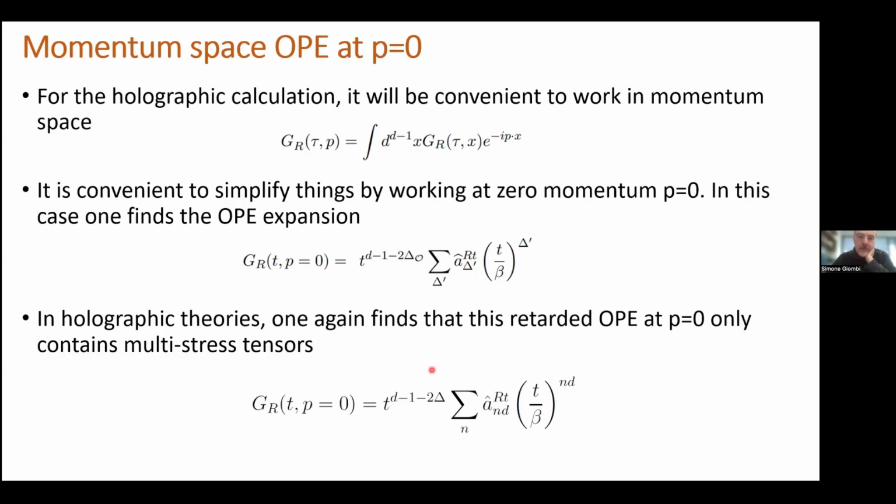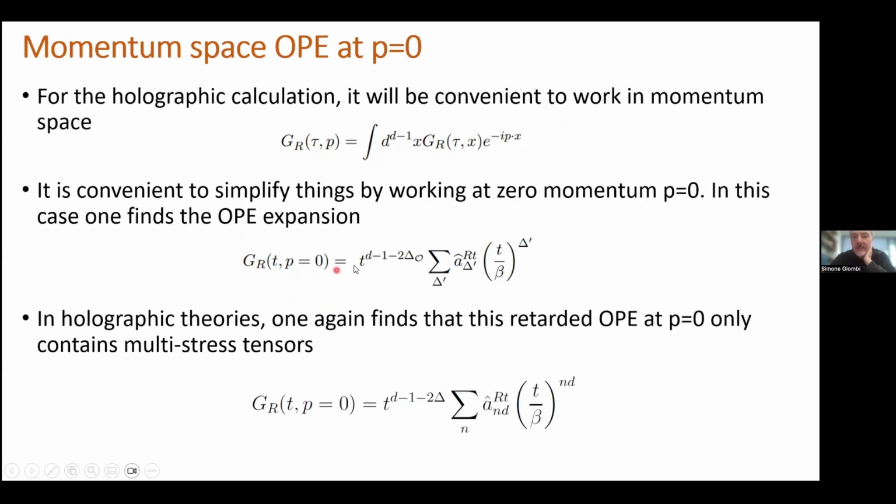And now for the actual calculation, this WKB method of Afkhami-Jeddi et al. is more convenient, instead of talking about x equal to 0, to talk about going to momentum space and set momentum to 0 instead. So instead of working with the position space correlator, we can Fourier transform the spatial position to spatial momentum p and then set p equal to 0.